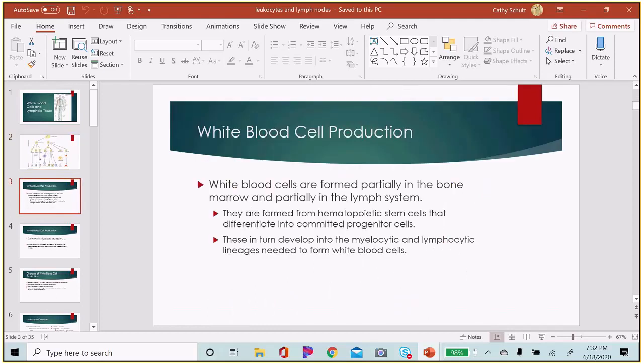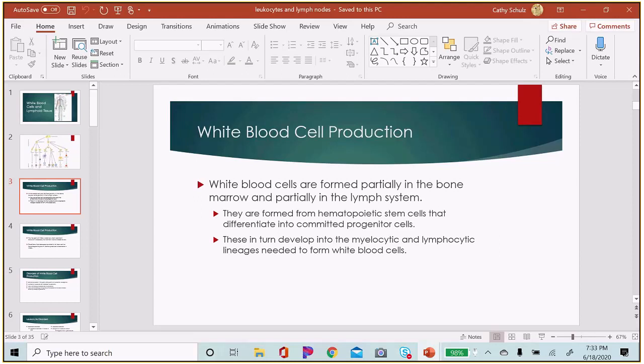When we talk about white blood cells, I often like to relate this lecture to you reviewing a complete blood count, or CBC, result on a patient. When we're talking about white blood cells in general, we call those leukocytes.